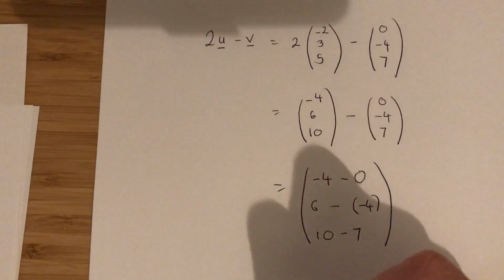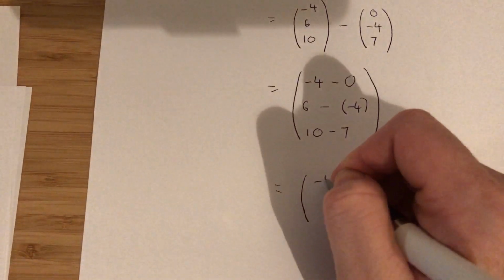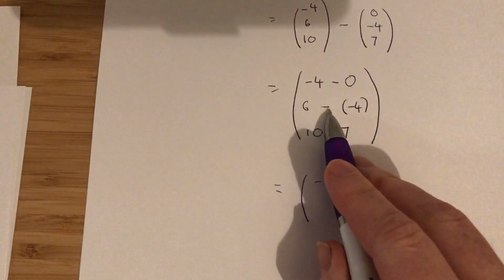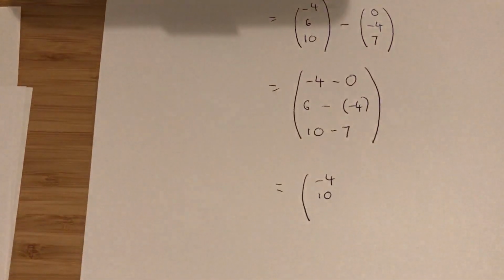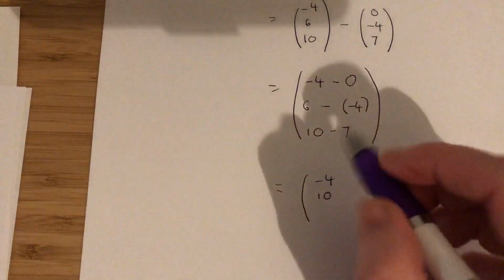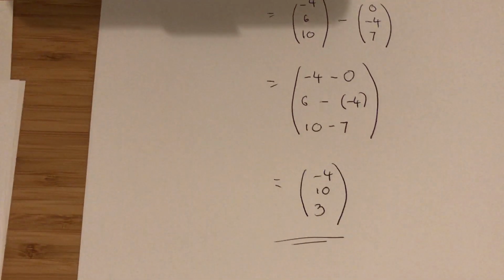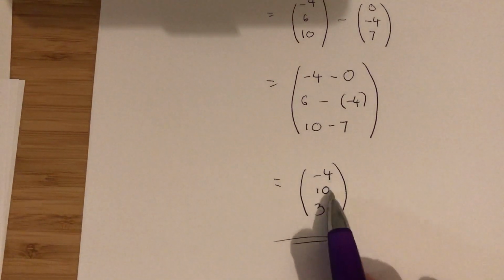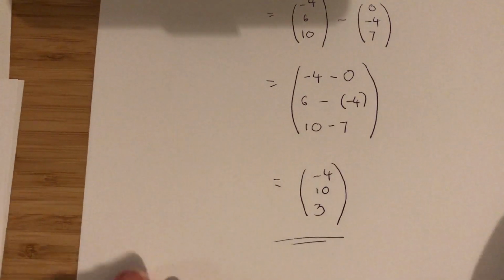Now I'm going to find the answer for each of those. Negative 4 minus 0 is just negative 4. 6 minus the negative 4 becomes 6 plus 4, which is 10. 10 minus 7 is 3. And so the resultant vector when you do 2u minus v is (negative 4, 10, 3). And that's you. All right, let's look at the next past paper question.